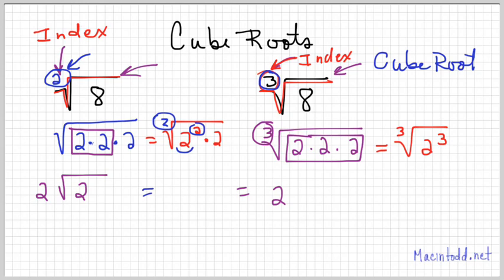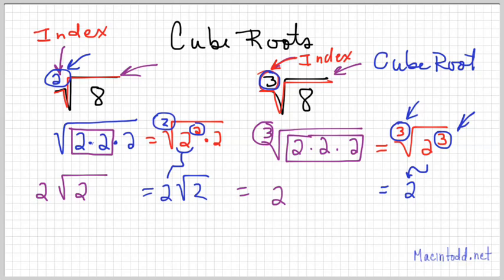So there's the 2 that's squared, and I'm left with the 2 inside. Here I want to know what's cubed, and the answer is 2. So if we can get those exponents and indexes to match, then we know what the answer is. Alright, so use that as a strategy as you're trying to solve these problems.